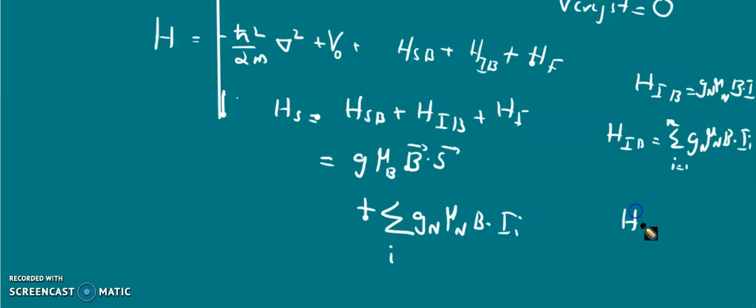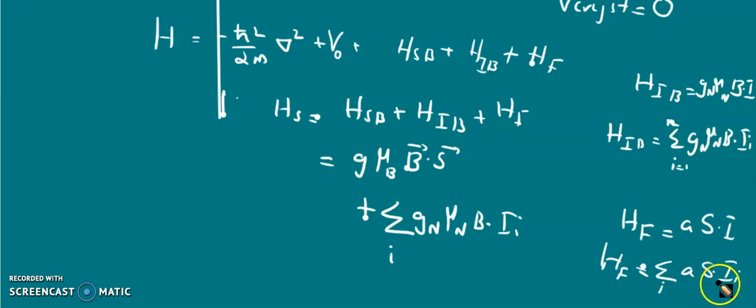And we know that HF is equal to A S dot I, where A is the hyperfine splitting constant. So, this equation is true if there is only one nucleus present. If there are more than one nucleus, then there will be different nuclear spins I corresponding to each nucleus, and therefore we have to take the sum over i of A S dot Ii.